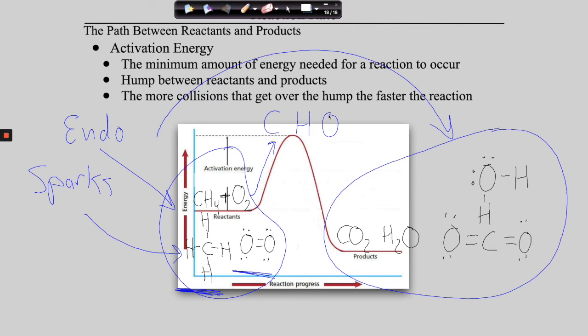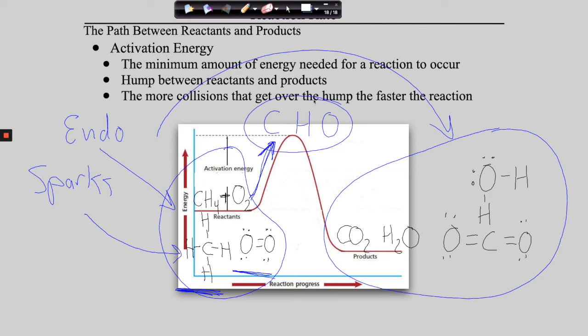Well, guys, that's what's happening here. We need enough energy for these molecules literally to blow apart. That's what the spark does, it gives them a little bit of energy that allows them to collide harder and blows them apart.